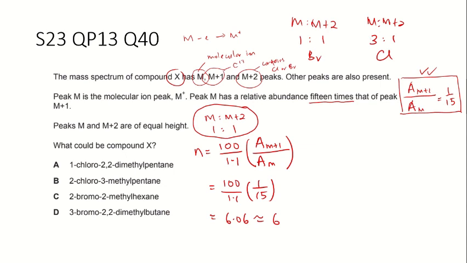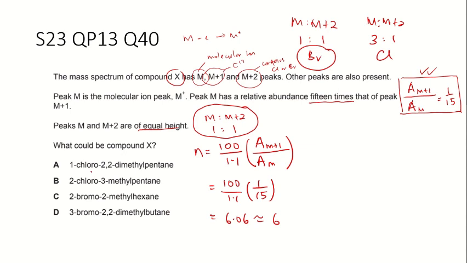The reason you have to refer back to your notes is the natural ratio of the isotopes of bromine and chlorine. But for this case, we do not have to go into those fundamental details. We need to know 1 to 1 is bromine, 3 to 1 is chlorine, and here we are given that they are of equal height. That means 1 to 1, so X contains bromine.